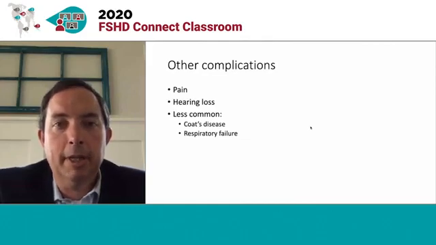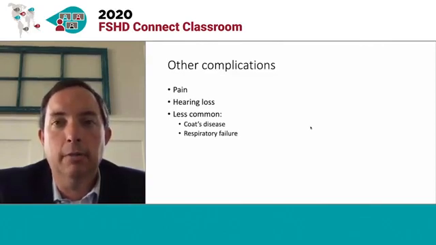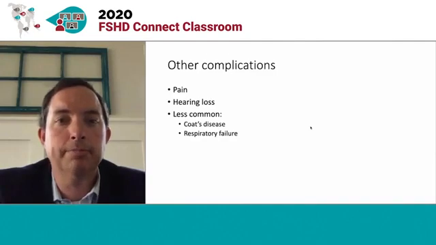There are less common complications. There's a particular retinal vasculopathy called Coats disease. That is almost always seen in those individuals with that 1 to 3 repeat length. So it's much less common. It's more common if you have the more severe repeat contraction FSHD1.